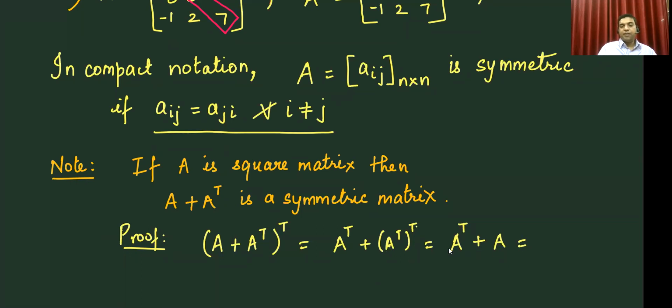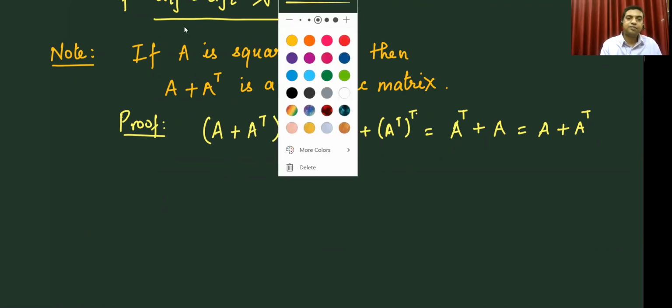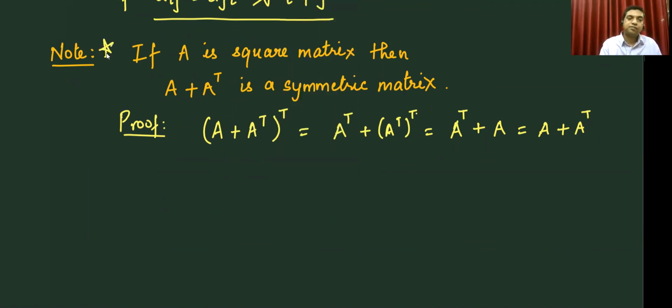And because matrix addition is commutative, this is A plus A transpose. So A plus A transpose whole transpose is A plus A transpose. So A plus A transpose is a symmetric matrix. Very important result conceptually.